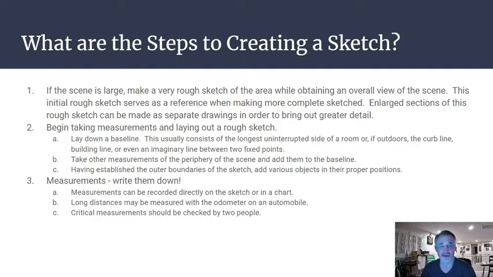This usually consists of a long uninterrupted side of the room, or if outdoors, it could be a curved line or a building line, or it could even be an imaginary line between two fixed points, but make sure they're fixed. Take other measurements of the periphery of the scene and add them to the baseline. And then, having established the outer boundaries of the sketch, add various objects in their proper positions.